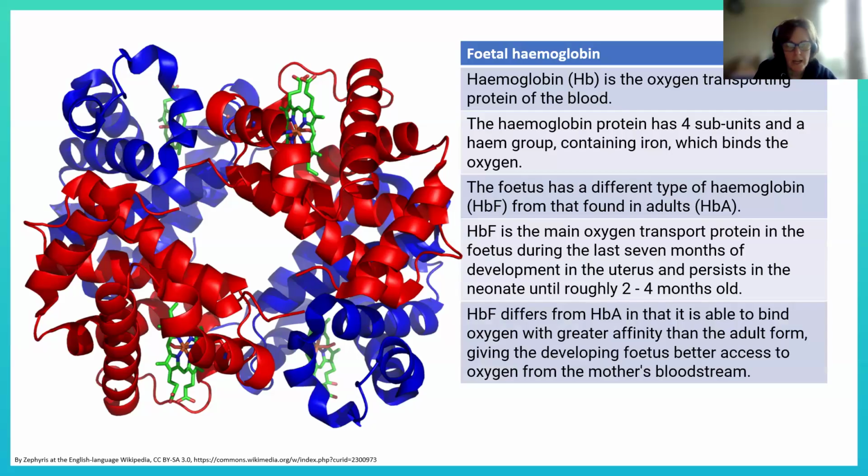It differs to adult hemoglobin in that it will grab onto oxygen better, so the oxygen will bind with a greater affinity than the adult form. Essentially we're giving the hemoglobin in the fetus a much better affinity for the oxygen, so it will grab it off the mother.